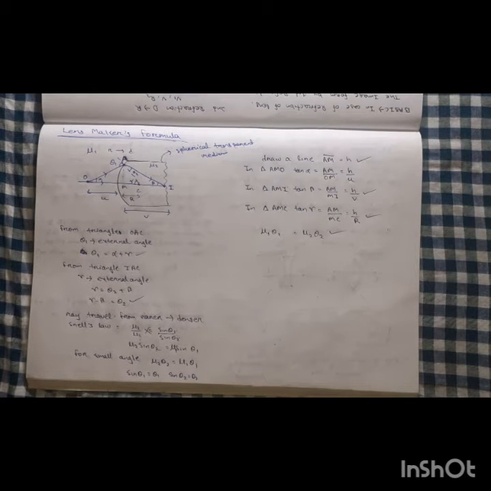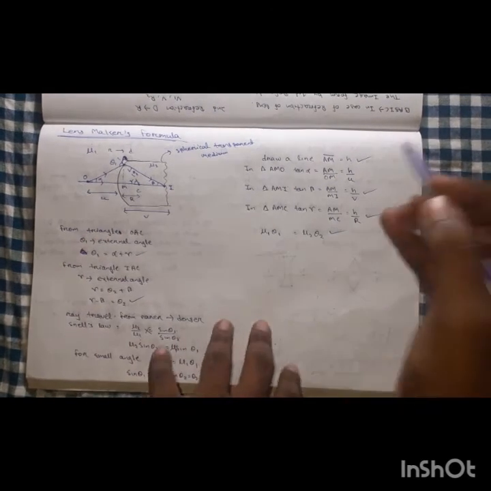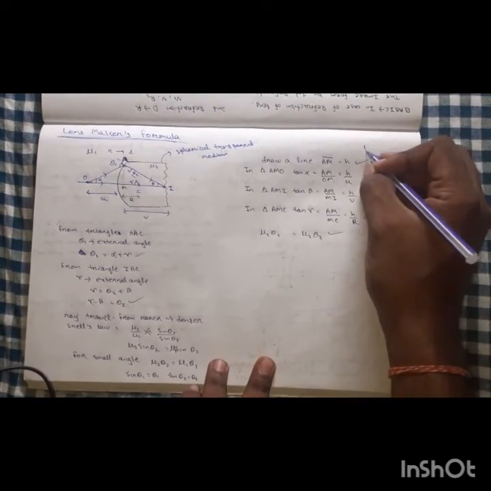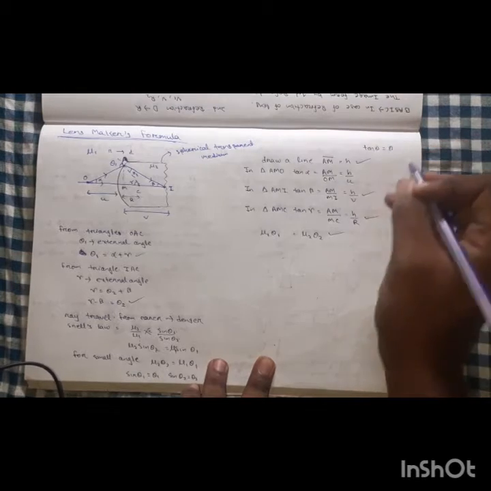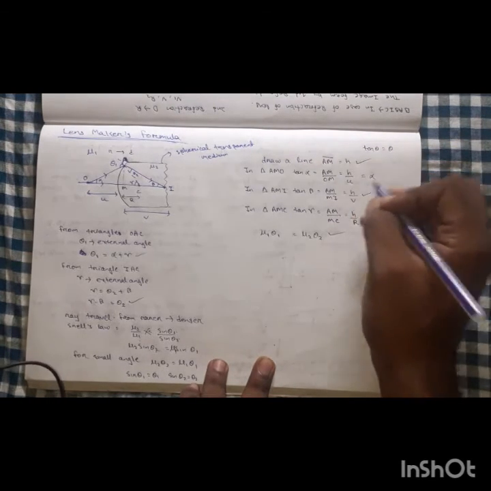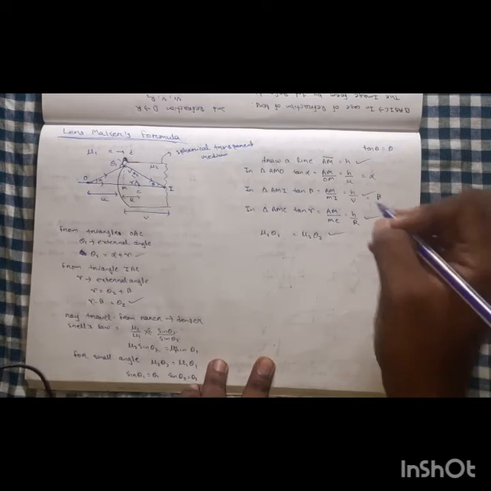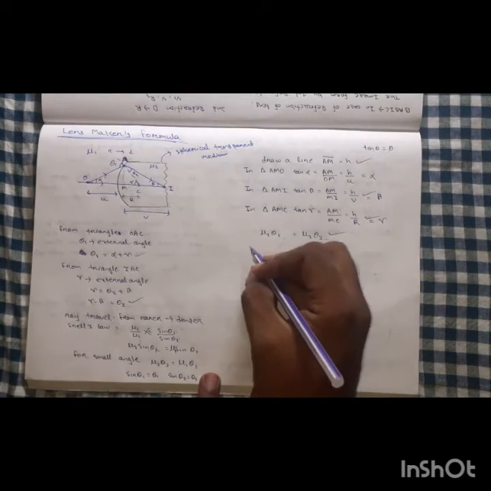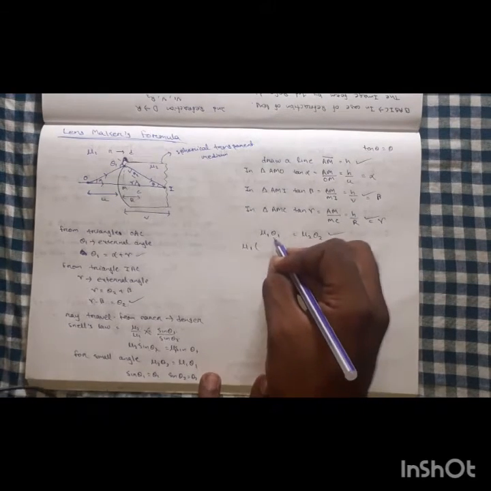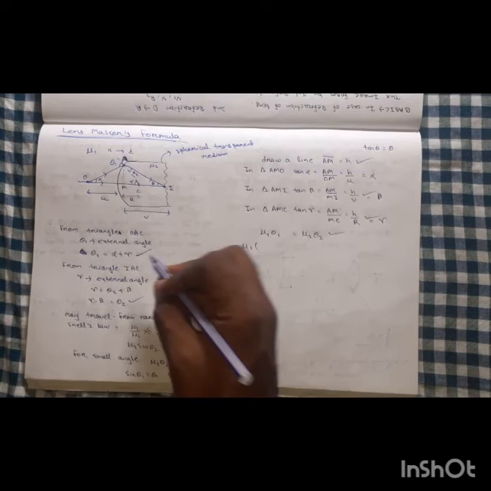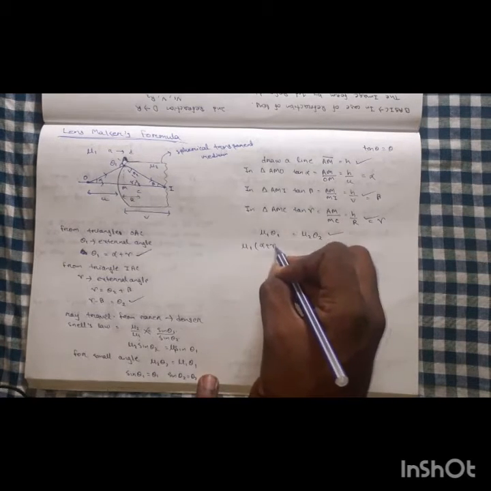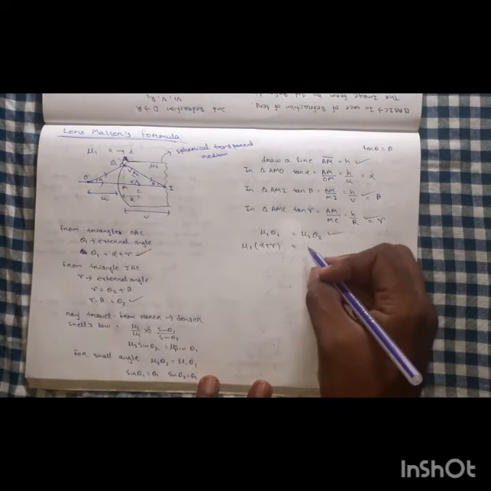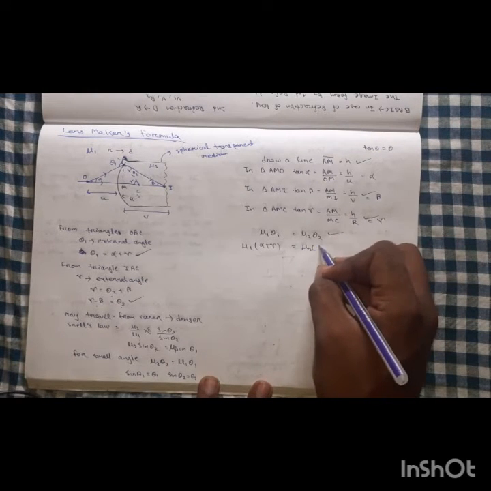Then only now we have to put the answer. Listen, another here. Tan alpha equal to h by u. For small angle, tan theta equal to theta. So, alpha equal to h by u. Beta equal to h by v. Gamma equal to h by r. Okay. Then, mu 1 into, in the place of theta 1, I can replace alpha plus gamma. In the place of theta 2, I can replace gamma minus beta. Mu 2 into gamma minus beta.